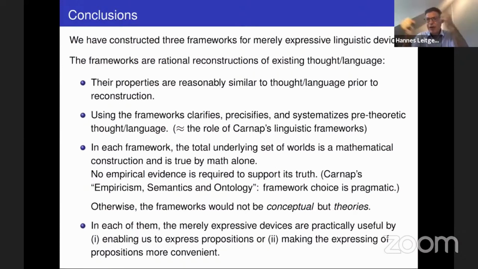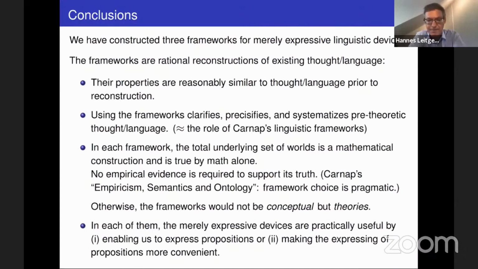Now, for theories, both of them have a role to play, but for the set of all worlds in one of my frameworks, the first thing cancels out, because you get the truth of the corresponding propositions, the set of all worlds, by math alone and the way I set up the framework. So you don't need any epistemic justification. That is gone. And the only thing that remains is pragmatic justification. And that is how I interpret Carnap when he says in Empiricism, Semantics, and Ontology that framework choice is purely pragmatic. Okay, theory choice is not.